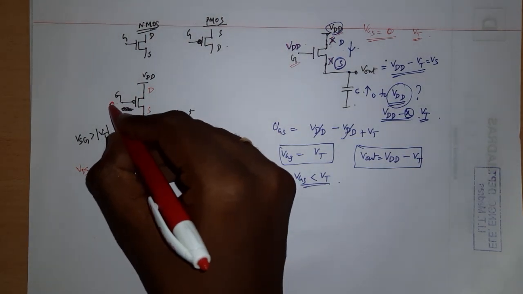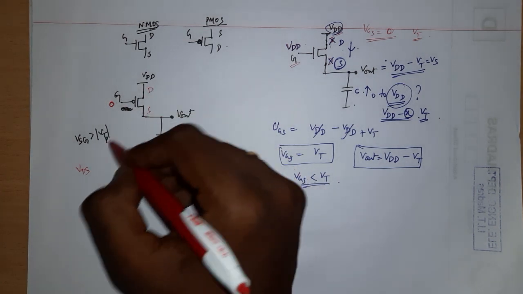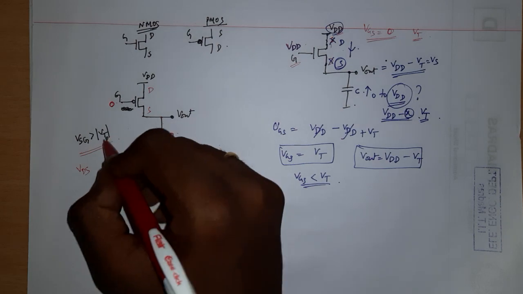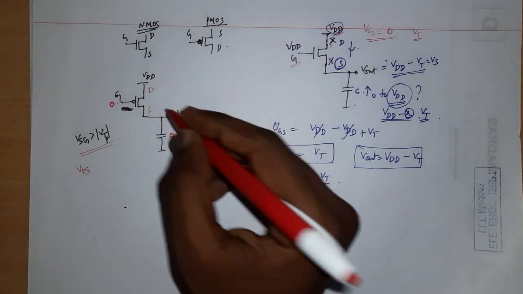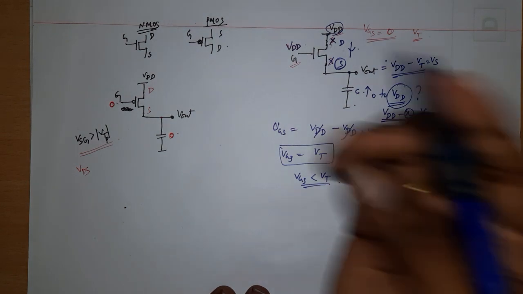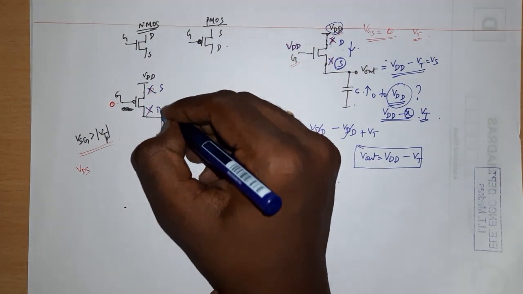I am assuming source is at 0 also. Now is VSG greater than the modulus of VTP? No, not at all, because VSG is 0, it will not work at all. So I cannot give this combination. So I should give this as source and this as drain.